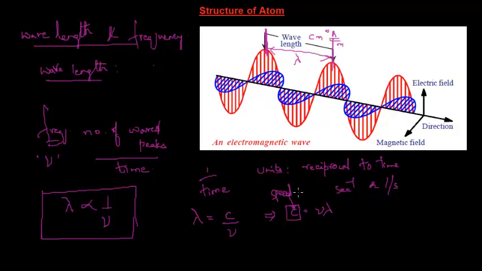It is the speed of light wave. From this, we can also say that as the frequency increases, wavelength becomes smaller. Electromagnetic waves can have a wide variety of frequencies, and this will be discussed in our next video.